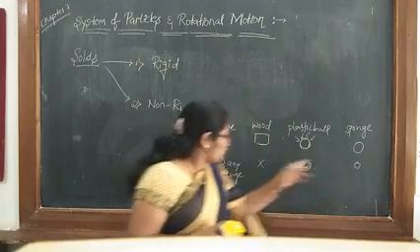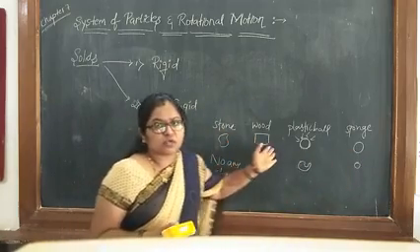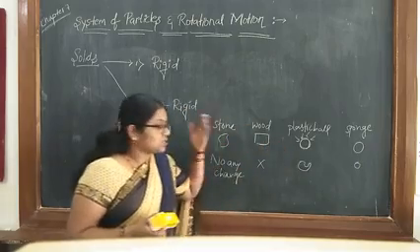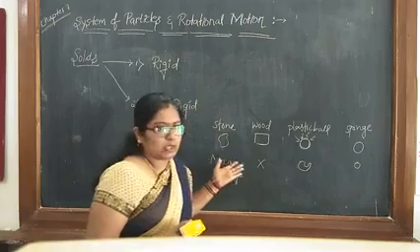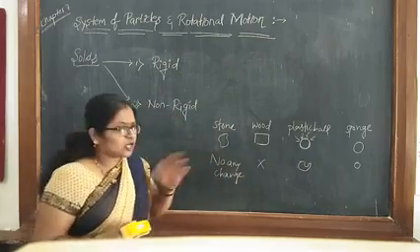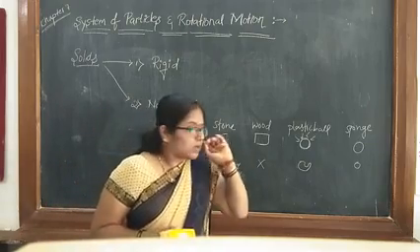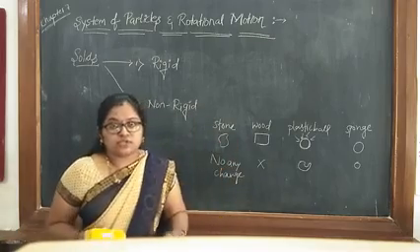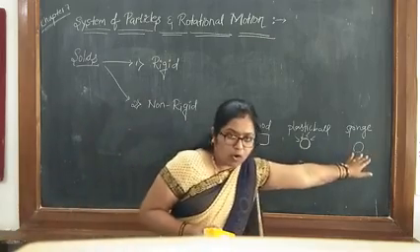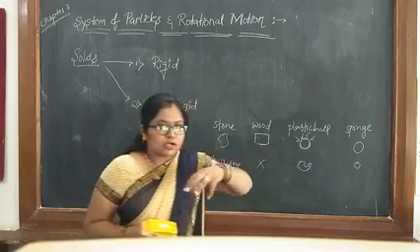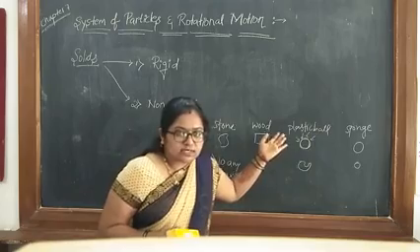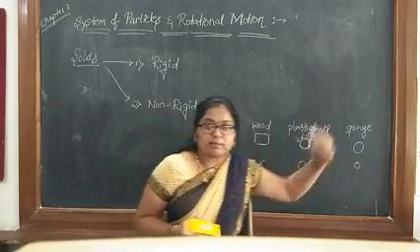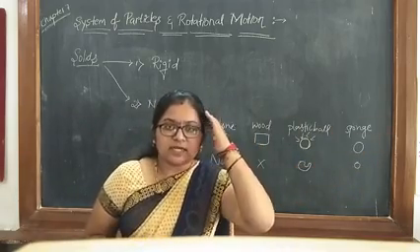This phenomenon will not happen in the case of stone and wood, because they don't allow a change in size and shape at all. Whenever you apply force, they don't allow the size and shape to change. But here the changes are occurring. If you remove the forces, some things cannot come back to their original size and shape, but some things come back to their original size and shape.